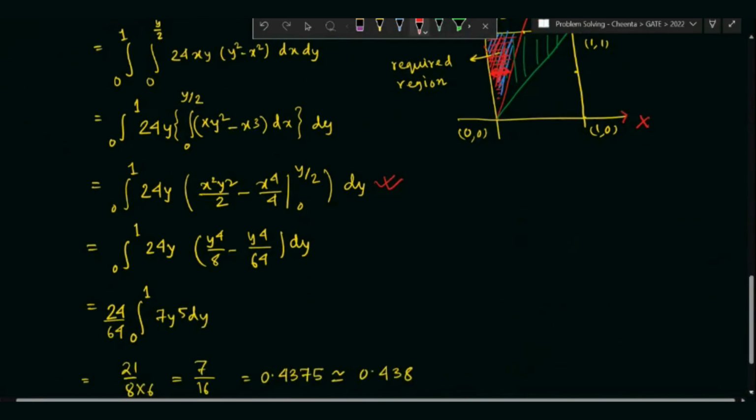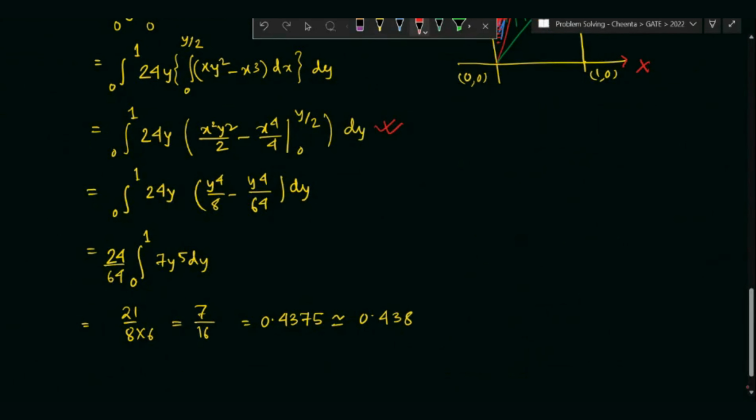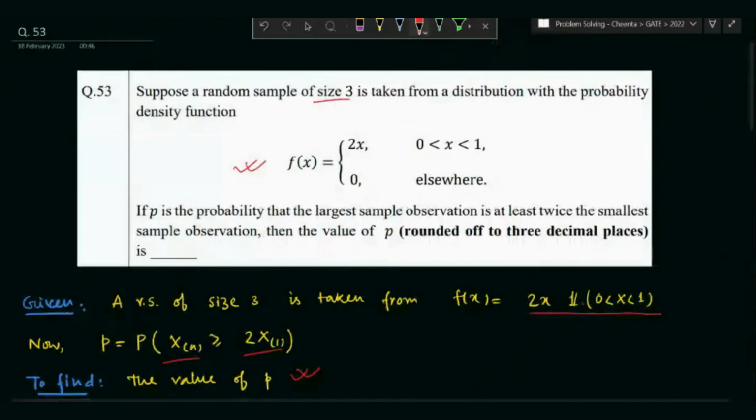Now again integrating with respect to y in the range of 0 to 1, we get 24 by 64 times the integral of 7y to the power 5 dy from 0 to 1. This is coming out to be 7 by 16, that is 0.438 after rounding off to 3 decimal places. So hence the value of p rounded off to 3 decimal places is 0.438.